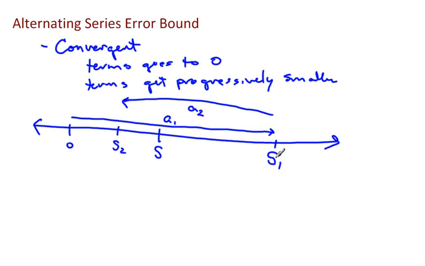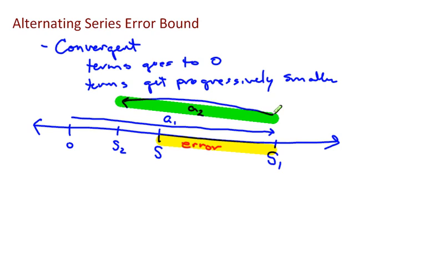What I want you to notice right here is that the distance from the real sum to sum 1, that's my error. Let's label that. That's the error. And that distance is less than the next term, which is a sub 2. That happens for every term, so I could keep drawing them back and forth.